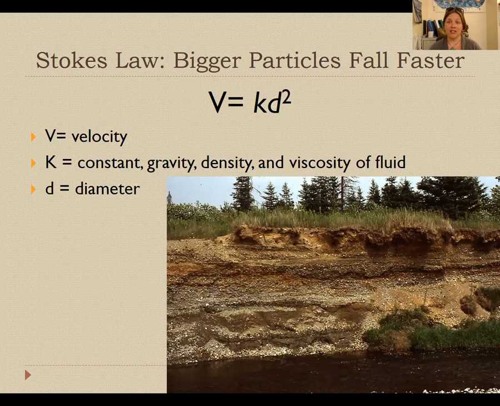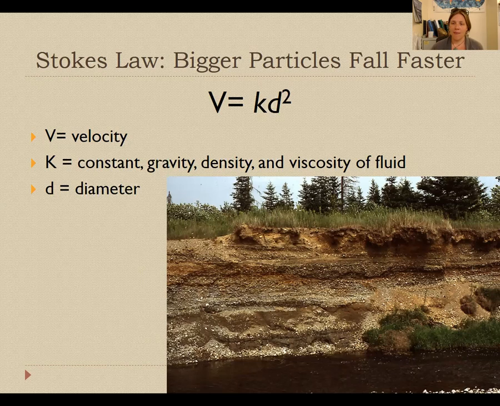So something that is 1 millimeter in diameter compared to 2 millimeters, or something that's 2 millimeters compared to 3 millimeters in diameter, is going to be exponentially falling out of the water column faster than something that's smaller. And what we see as a result of this is something called a graded bed. So within each depositional layer of material, if you look up close, you'll usually see that there's a concentration of larger size pieces.